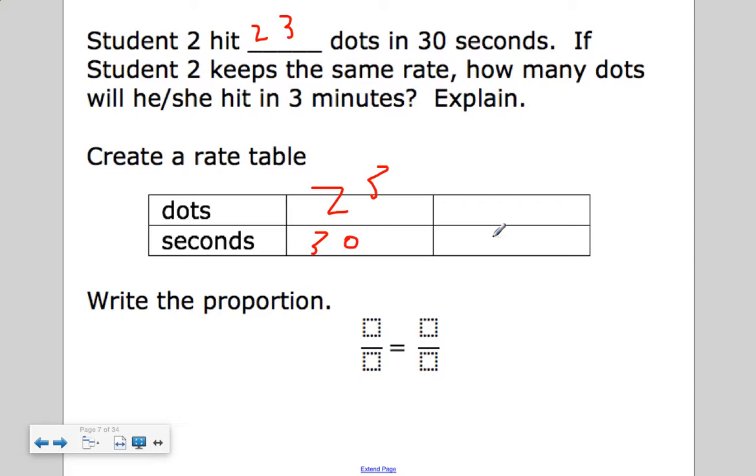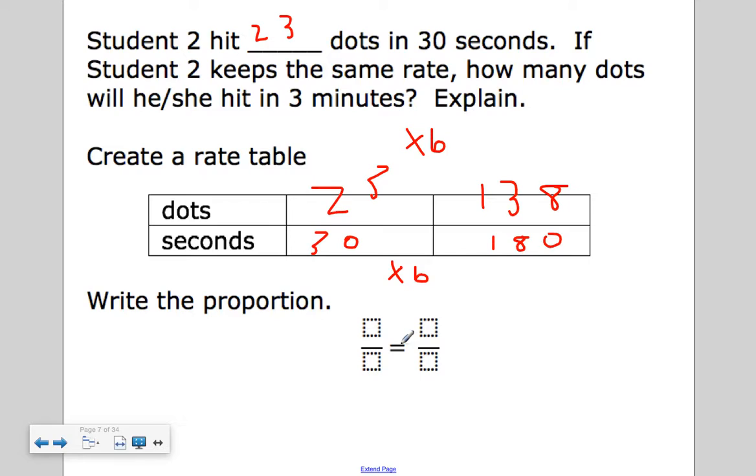See, a minute 60, a minute 60, a minute 60. That's 180 seconds in 3 minutes. Can 30 seconds be built up to 180 seconds? Times 6. So the scale factor is times 6. So what is 23 times 6? 6 times 3 is 18, carry the 1. 138 dots in 180 seconds or 3 minutes.